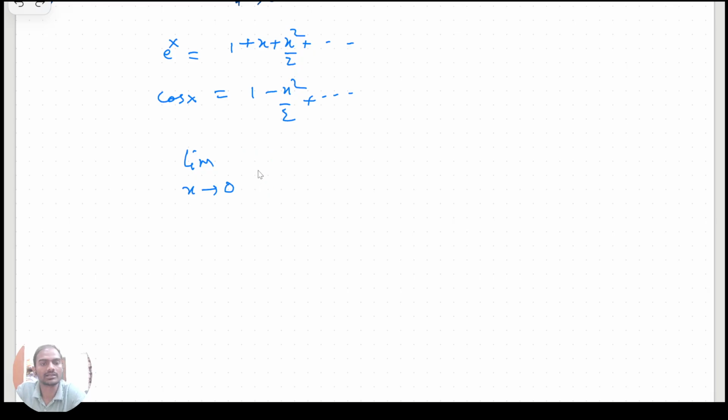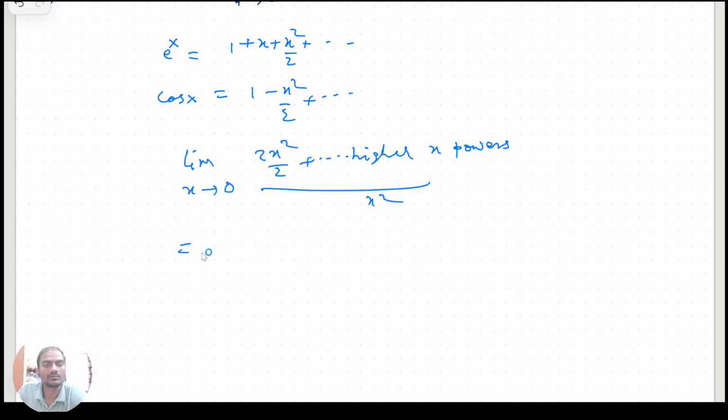let me write this properly, otherwise you will get confused. 2 into x square by 2 plus some higher powers of x, divided by x square. Now what will happen, limit x tends to 0, and this 2 into 1 by 2 became 1, and this x square is gone.